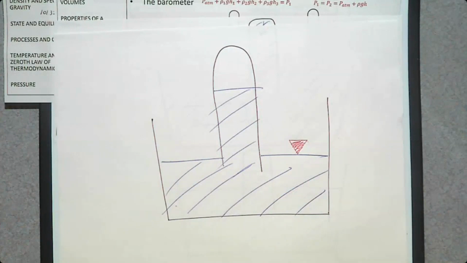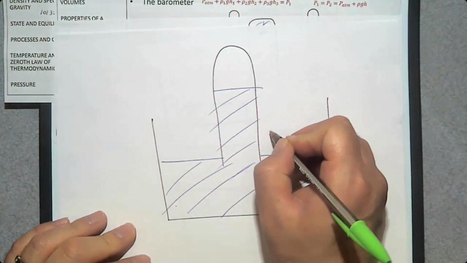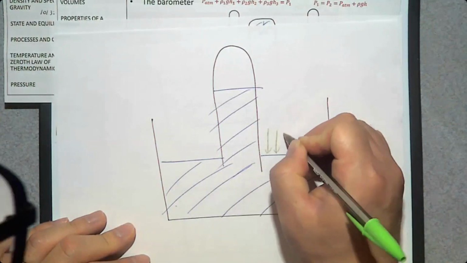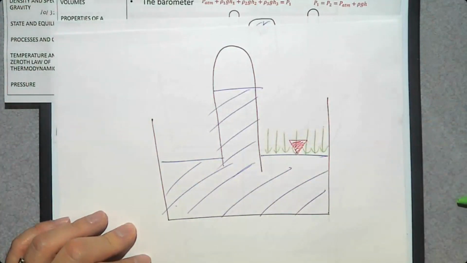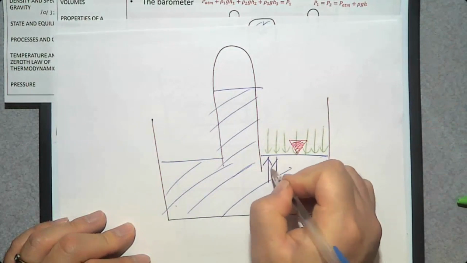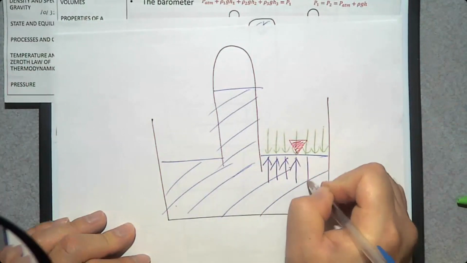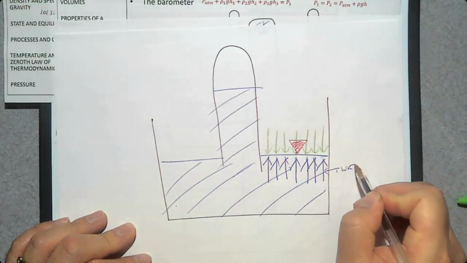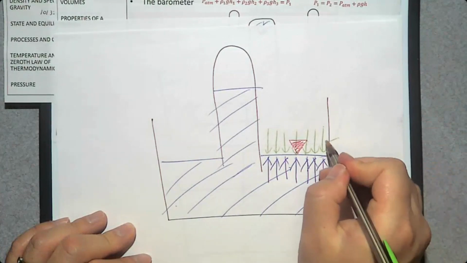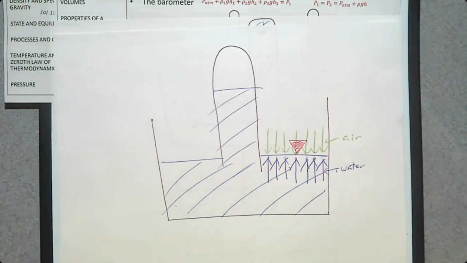Why is that? Suppose there's a pressure acting on this surface by the air, and a pressure acting on this surface by the water. Let's say this one is water, this one is air. What is the relation between the pressure by air and the pressure by water on this interface?